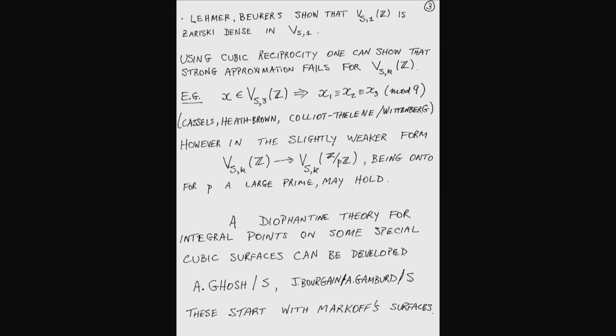But whatever the solutions are, there's a non-obvious congruence that has to be satisfied that is coming from cubic reciprocity. That was Cassels's observation. This is a Brauer-Manin obstruction, that any solution to writing 3 as a sum of 3 cubes must have x1 congruent to x2 congruent to x3 modulo 9.